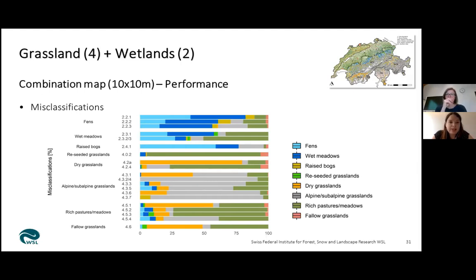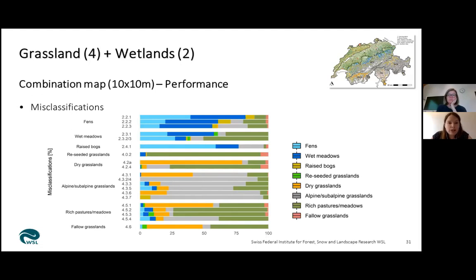And as we can see, for example, for the alpine and subalpine grasslands, most of the misclassifications occurred within the same group at the second level. So we see there a lot of large gray bars. So then not the correct alpine or subalpine grassland type was assigned, but another one from the same group.